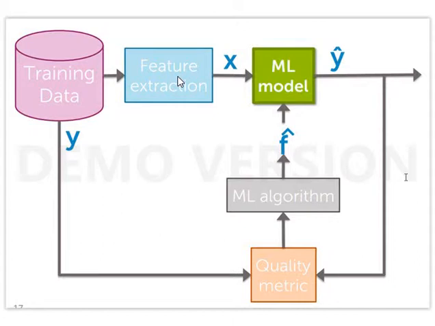Then we fit the predictor variables to our machine learning model, which will predict our target price. Here we compare the already existing price with the predicted price, and we use some machine learning algorithm to enhance our model.